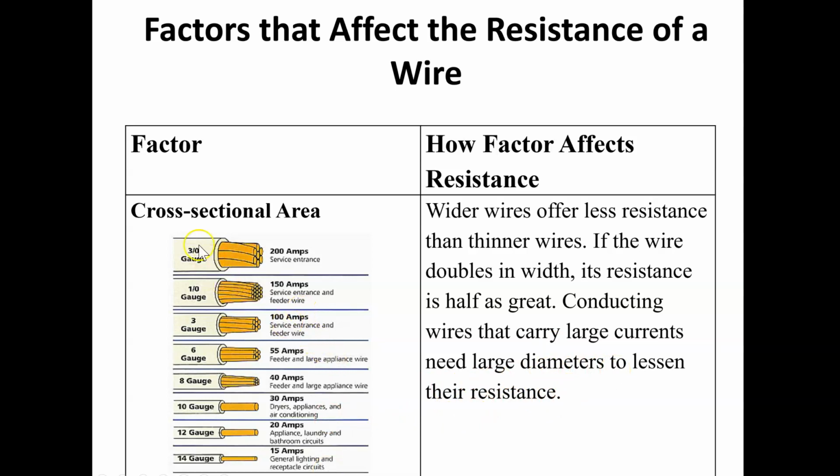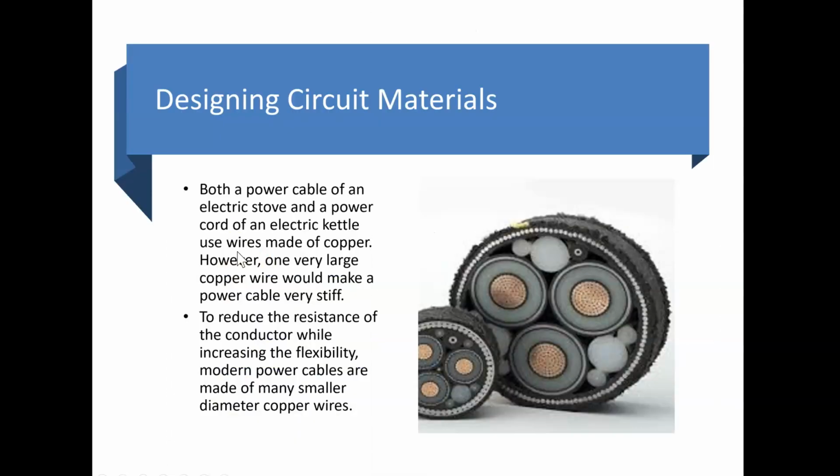So when you get thicker and thicker wires, you're going to have more copper wires placed together. You can't just have one big fat one. For example, designing circuit materials: both a power cable of an electric stove and a power cord of an electric kettle use wires made of copper.